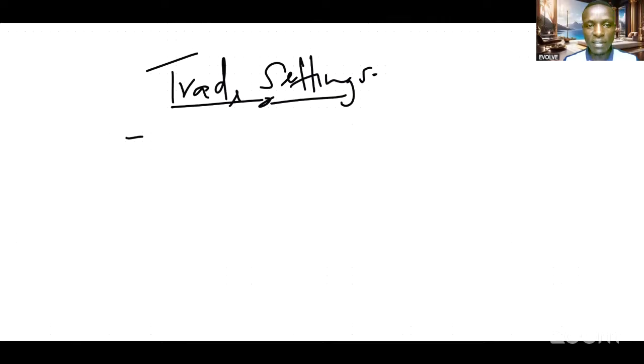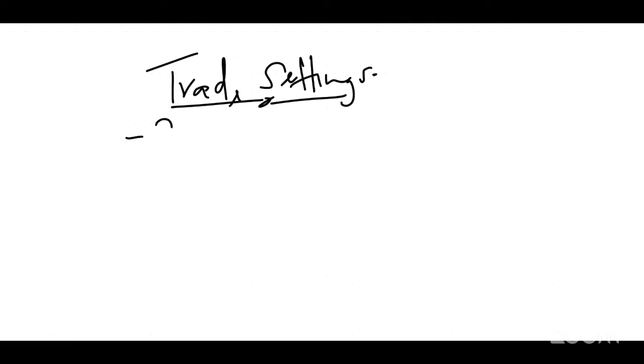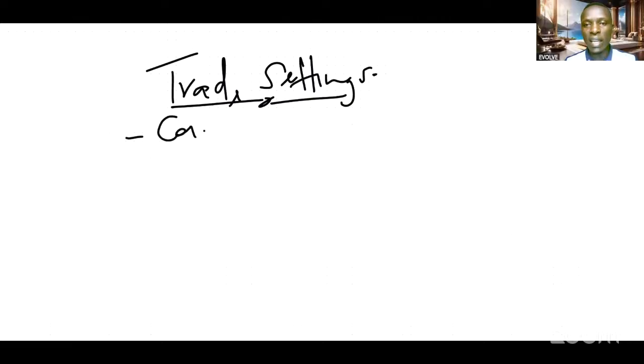Identify an asset that you want to invest money in, or you want to buy, or you want to trade. Select a coin. Coin selection. That is the first thing. You should get good at coin selection.